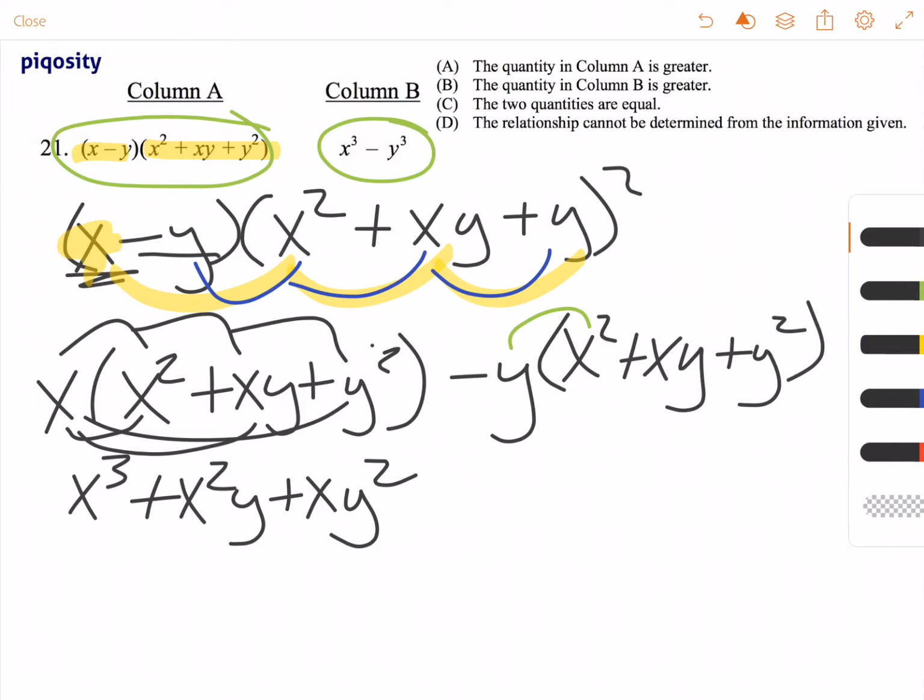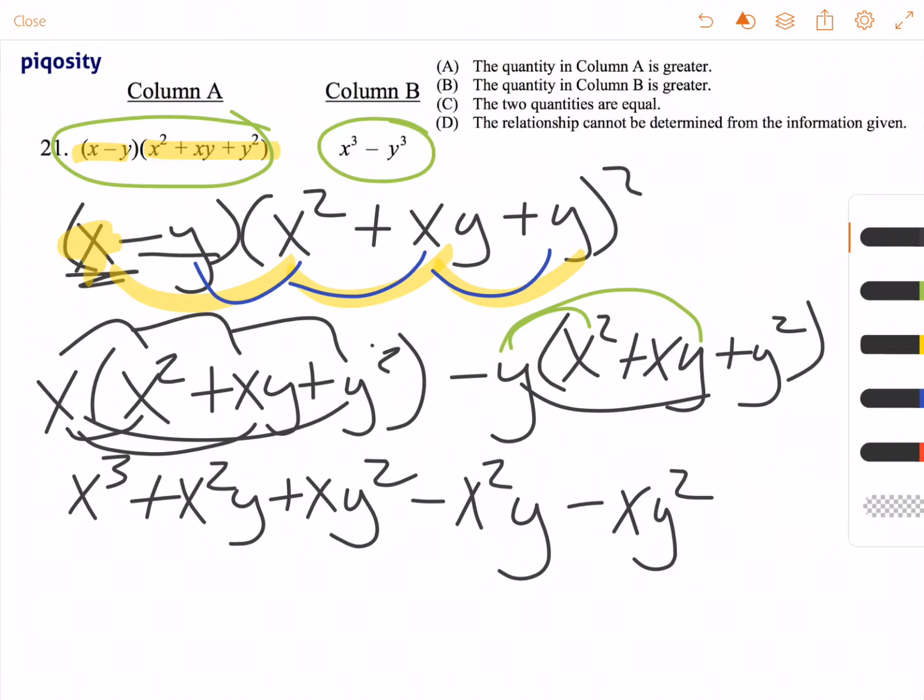Now it's still negative because of this negative symbol, so minus x squared y. Now multiply negative y to this one, we get minus x y squared, because it's negative y times the y there, and then negative y times y squared becomes negative y cubed.